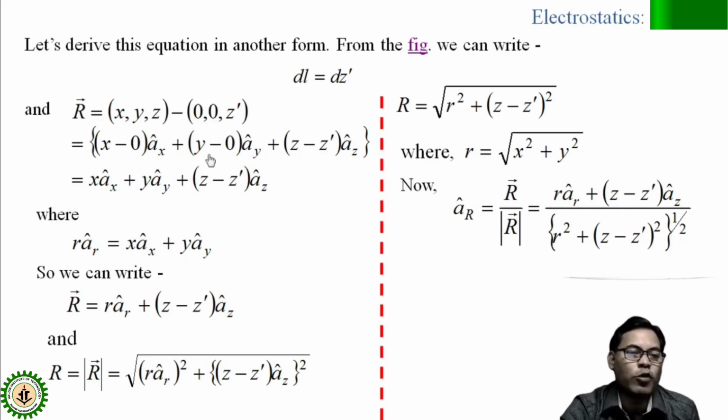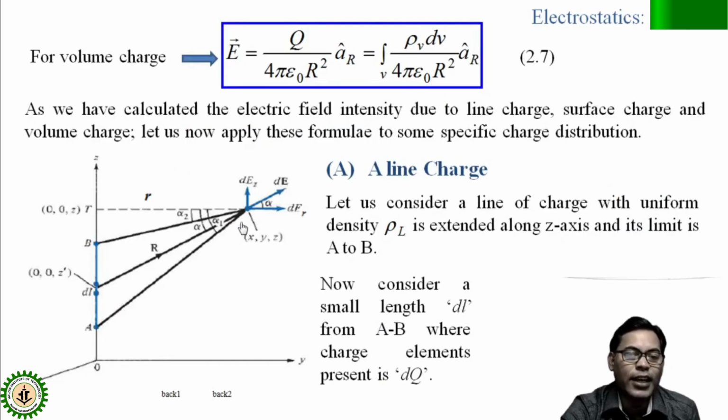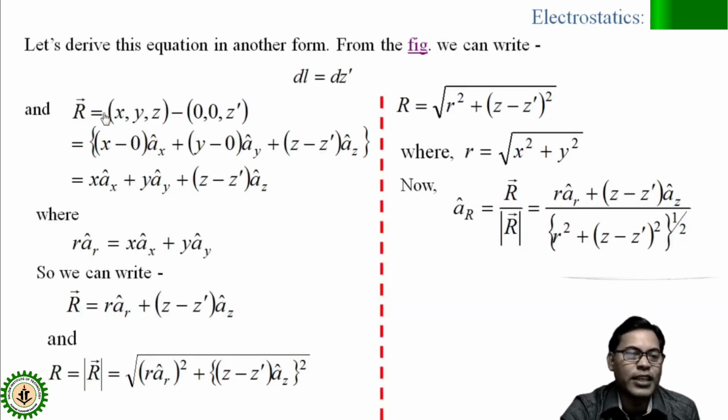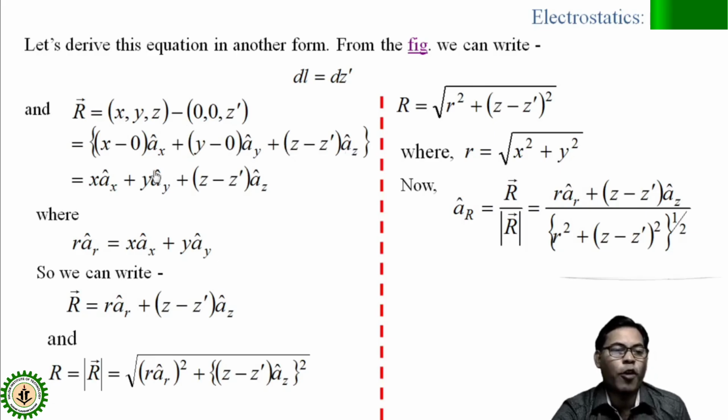To calculate this, we subtract: x, y, z minus 0, 0, z prime. So x minus 0 ax plus y minus 0 ay plus z minus z prime az. From that we get x ax plus y ay plus z minus z prime az.